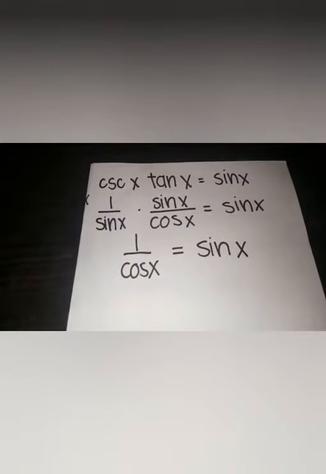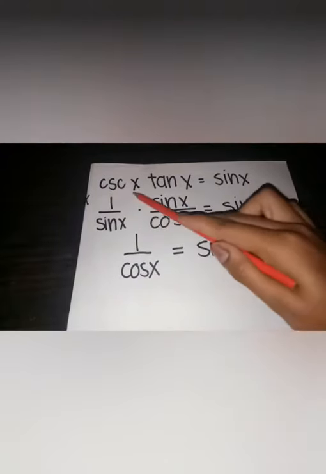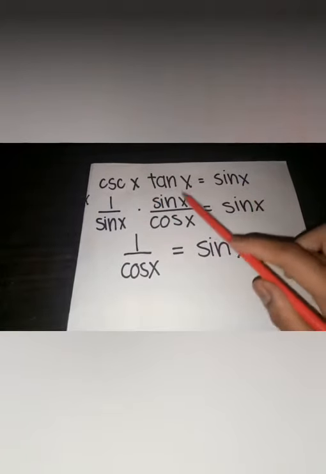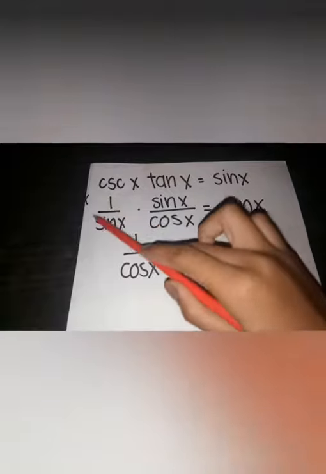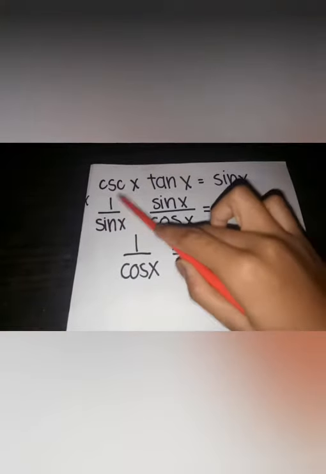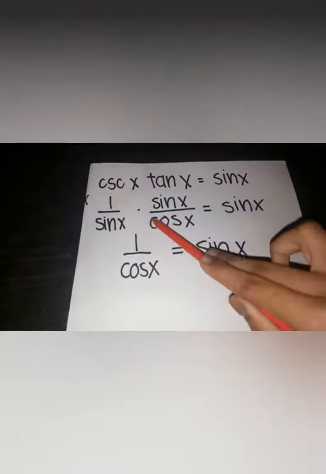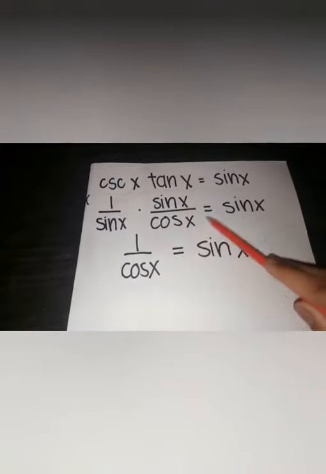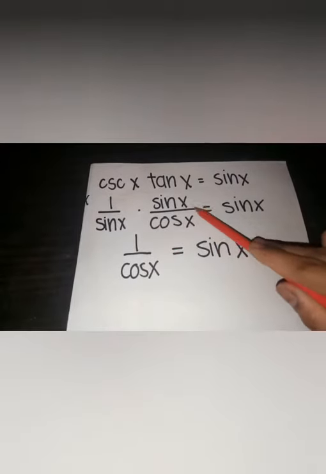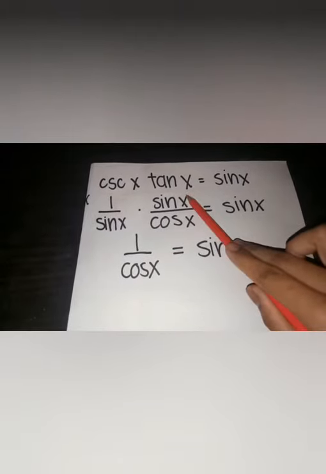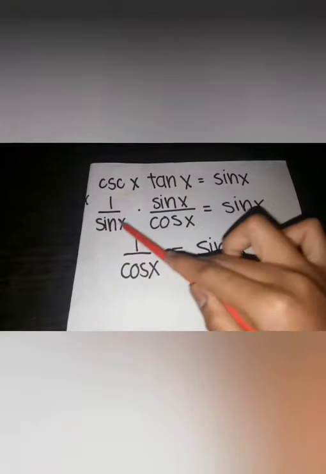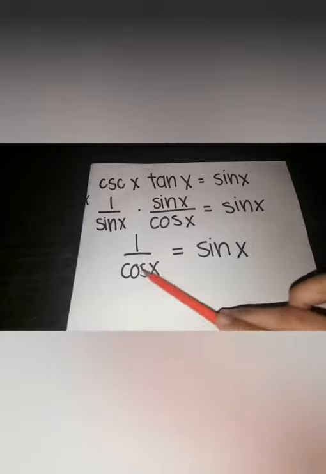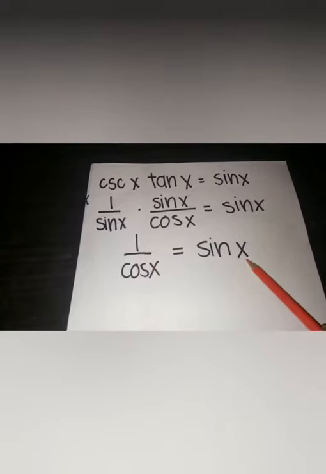Another example equation is cosecant x times tangent x is equal to sin x, and it will become 1 over sin x, which is cosecant x, multiplied by sin x over cosine x, which is tangent x, and we will cancel, so it will become 1 over cosine x is equal to sin x.